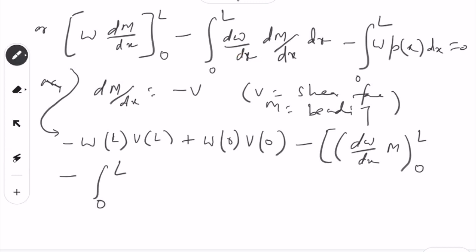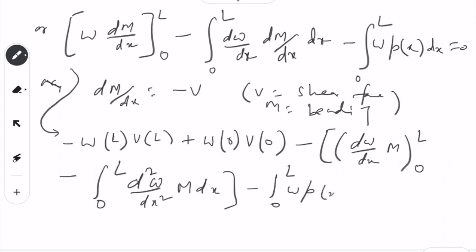So, here we will get the d square w over dx square times m dx, okay, minus 0 to L w p x dx equal to 0.